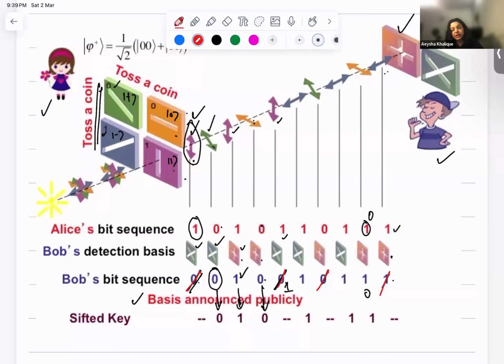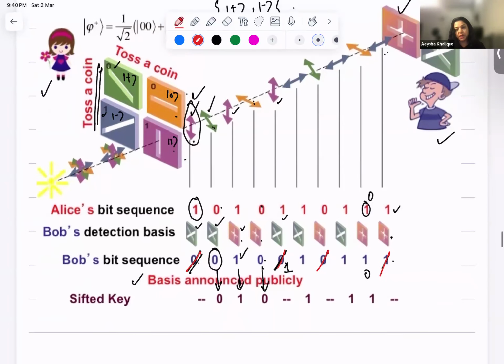Although there may be cases where their bit values match even though their bases do not match, right? Which you can see in the last case. But actually they do not know whether their bit values match or not. Nobody knows what the bit value is. They only know whether they have used the same basis or not. And they are sure that wherever they have used the same basis, Alice and Bob, their bit values exactly match.